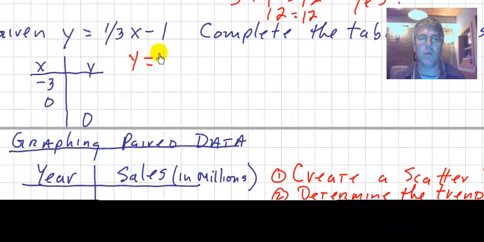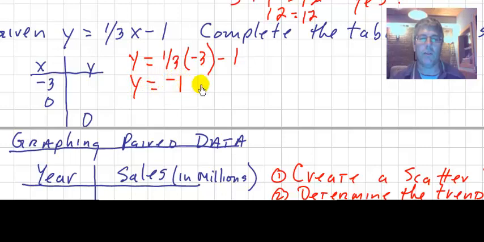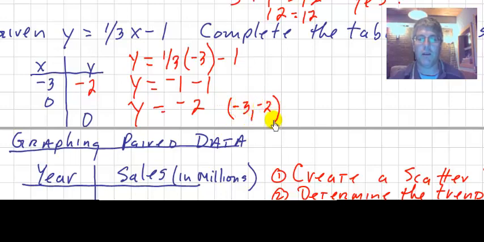So y equals 1/3. We substitute negative 3 in for x, and we solve for y. So that's y equals negative 1 minus 1, and we get y equals negative 2. So when x is negative 3, y is negative 2, so that's going to be the ordered pair negative 3, negative 2.